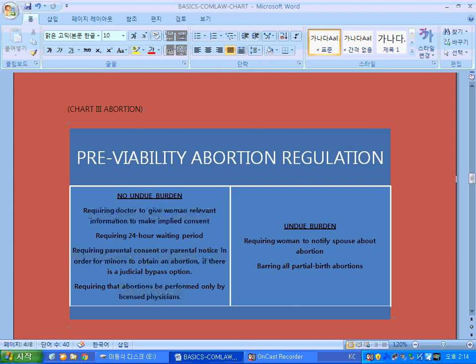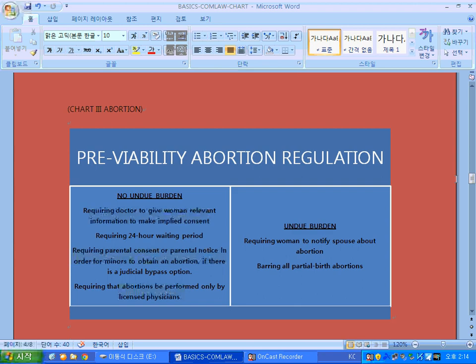The right of privacy generally relates to marriage, procreation, and contraception, and includes the abortion decision. But it is not without restraint based on the state's compelling interest.